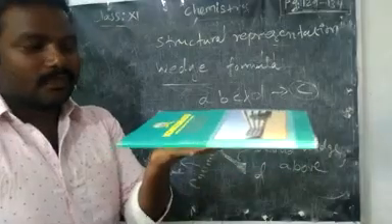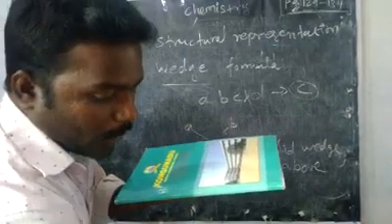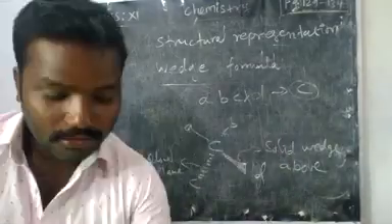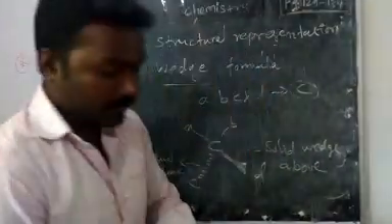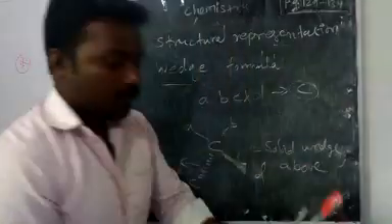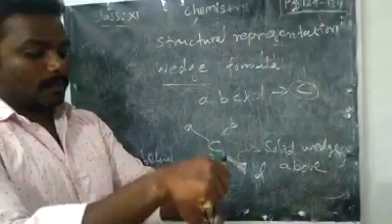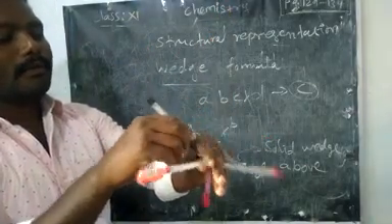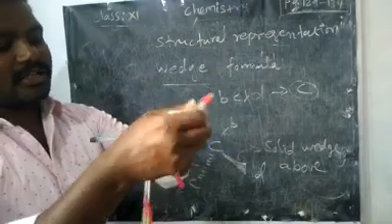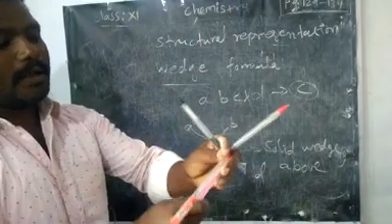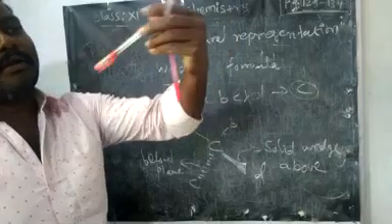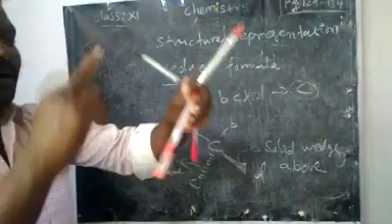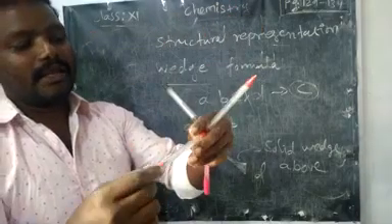My dear students, if you have four bonds, just remember, I'm going to show a small representation. Consider a methane structure, CH4, or A, B, C, D, as we can remember.